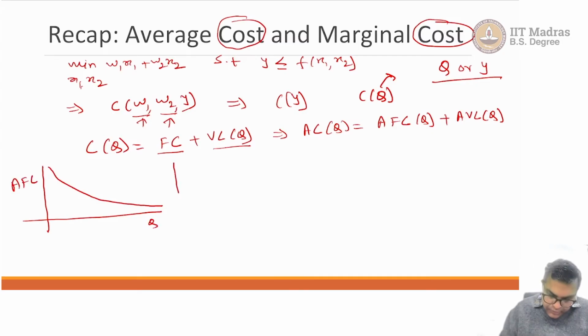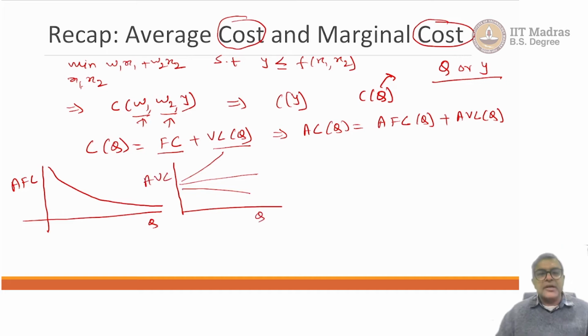And then we had also talked about average variable cost and we had said that average variable cost could be fixed, it may not be changing, it could be increasing, it could be decreasing. All these possibilities are there. In fact, even more: in some range it remains fixed, in some range it goes up and in the remaining range it goes down, even a mix of it, everything is possible.